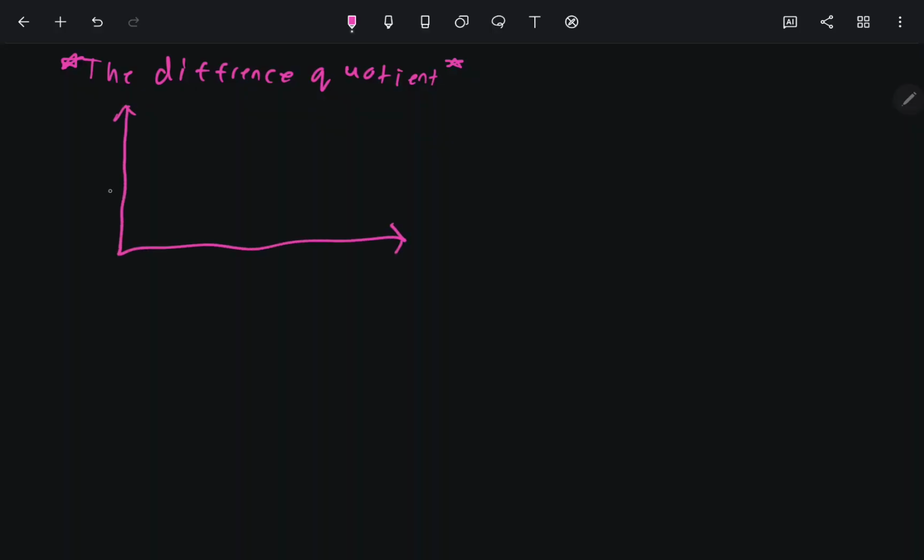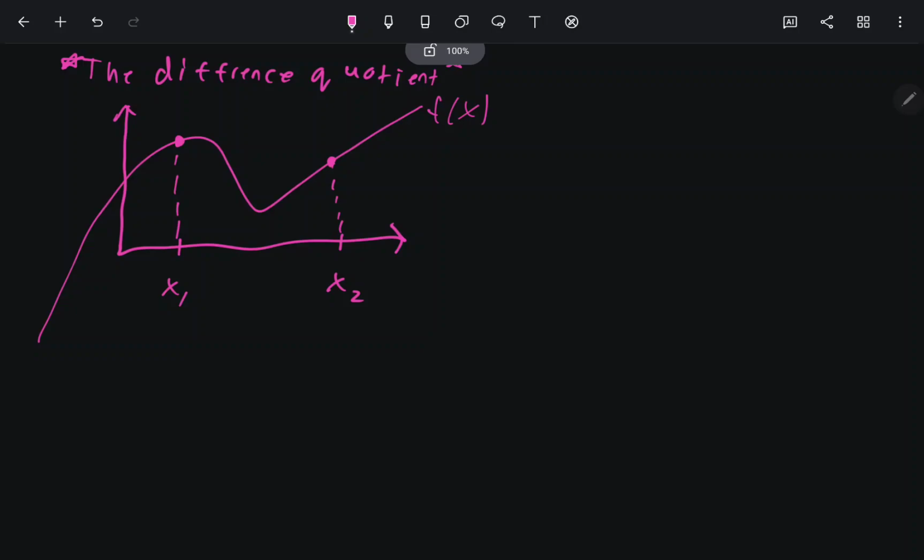Well, we're going to call this graph here f of x. And we're going to call this point x1, and this point over here x2. So the secant line is just a line on the graph that connects the two.